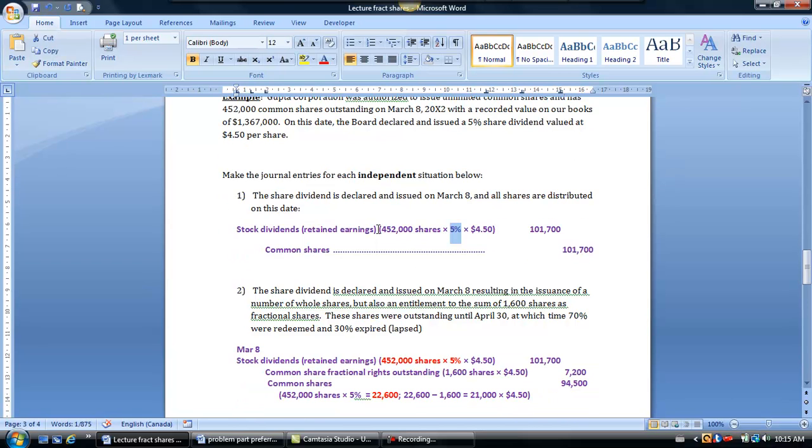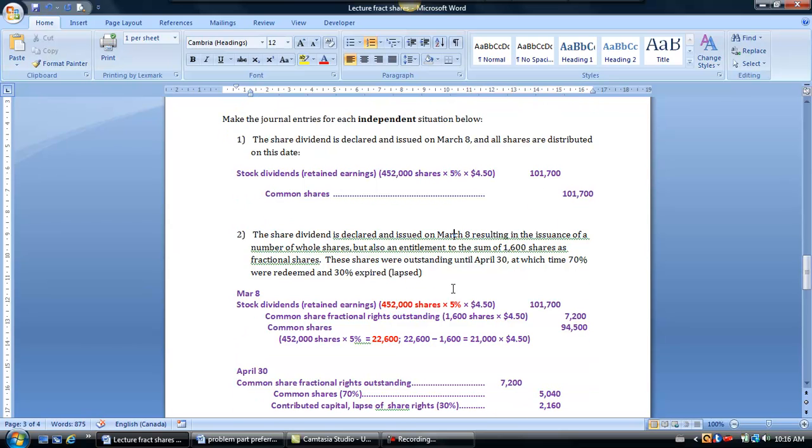And that's going to be 22,600 times $4.50 because that's the market value at the date they were declared. So we're going to debit the share dividend account, or you could do it directly to retained earnings because all dividends, cash or share dividends, are all closed out to retained earnings, and we're going to credit our common shares for 101,700.